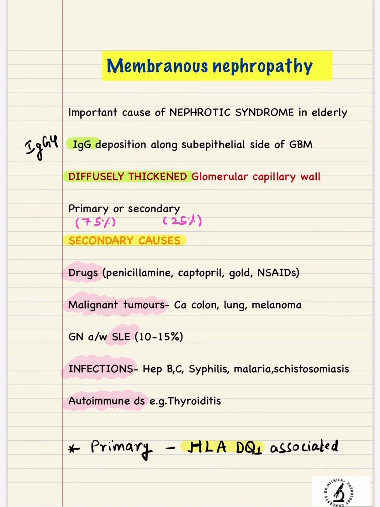Then infections like hepatitis B, C, syphilis caused by Treponema pallidum, then malaria and schistosomiasis. Then other autoimmune disorders like autoimmune thyroiditis. In that case, it is called secondary membranous nephropathy. Again, there will be immune complex deposition. They can be circulating antigen antibody complexes, or antigens which are planted in the kidney. So all these are the causes of membranous nephropathy.